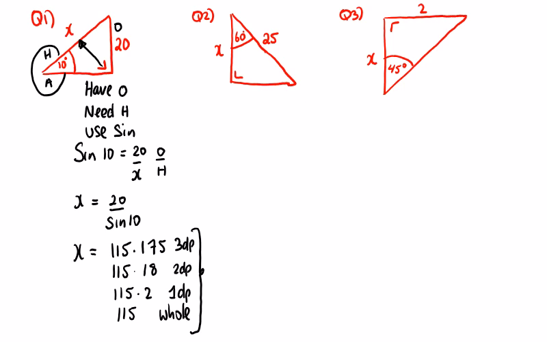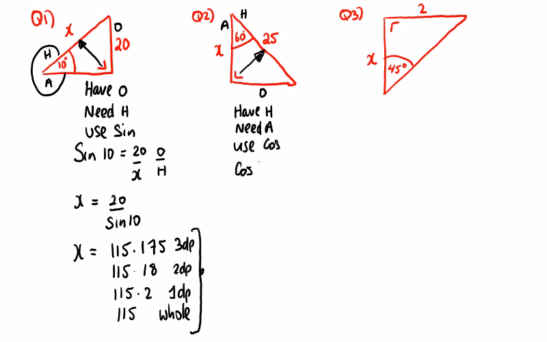In question 2, let's label our triangle. Now I've changed around where the angle was, and in the third triangle I've changed the direction of where the right angle is. Not to confuse you, but this is the type of thing that they will do in an exam. So that's H, and we can see that H and A always touch off the angle, which leaves O here. So we have H and we need A, so we use cos.